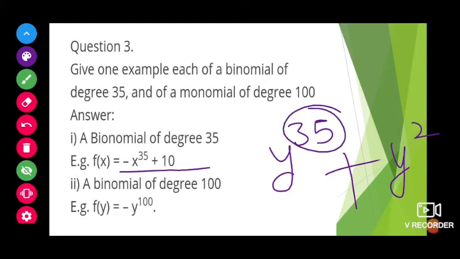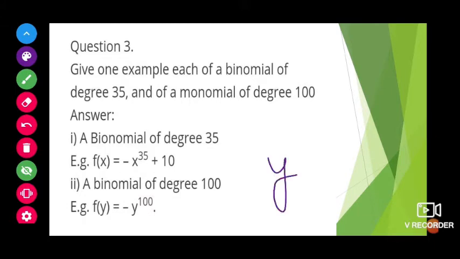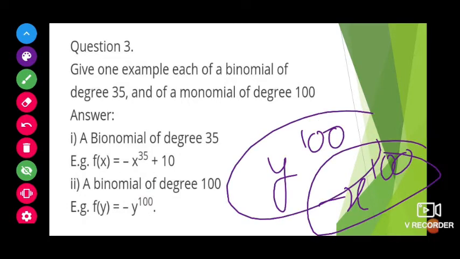If we'll add y square also, the maximum degree is 35. Next one, they are asking with the degree 100. So here only monomial. So any variable you just take with the highest degree 100. Like y to the power 100 or else minus x to the power 100. Any of the examples you can take.